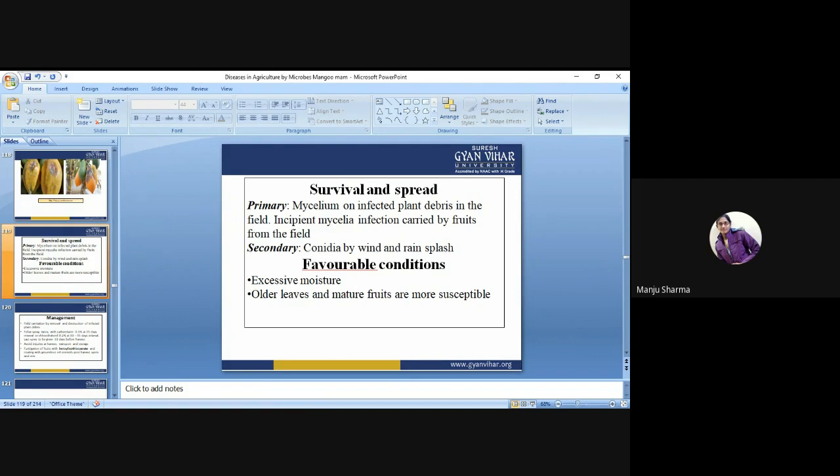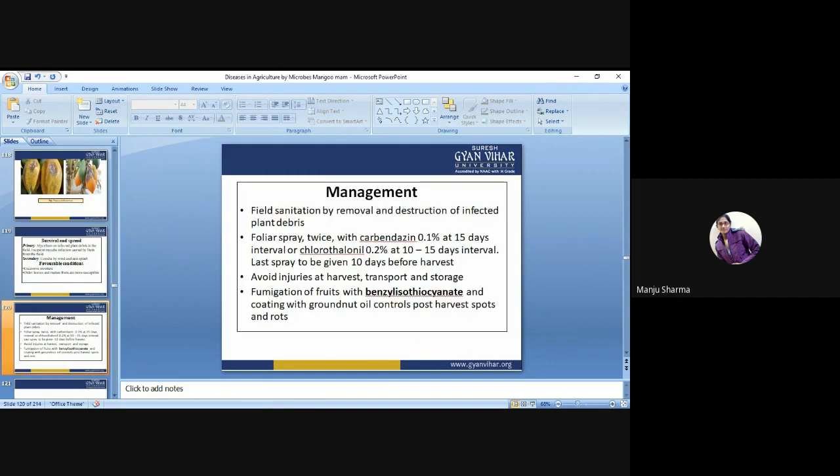Secondary spread is by conidia through wind and rain splash. Favorable conditions are excessive moisture; older leaves and mature fruits are more susceptible. Management.